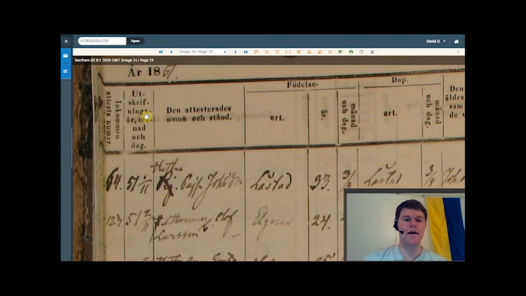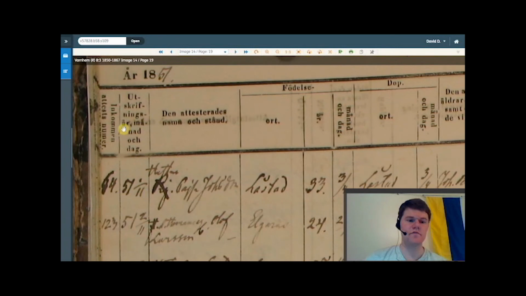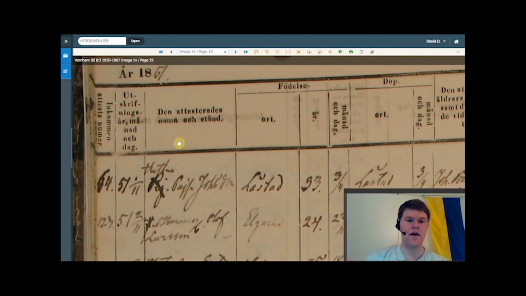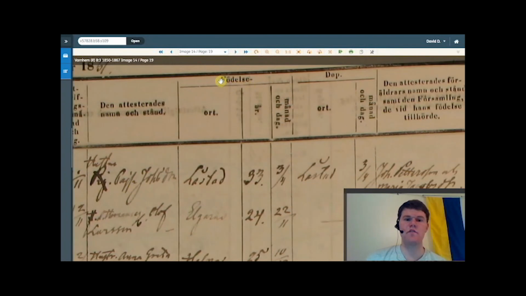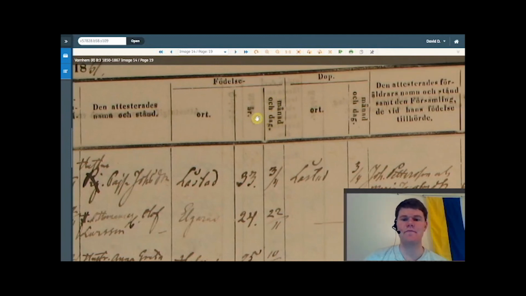And then this is the day that they moved in: year, month, and day. And their name. So this is where their name is listed. And right here, födelse, that is birth. So their birthplace, their birth year, their birth month and day.